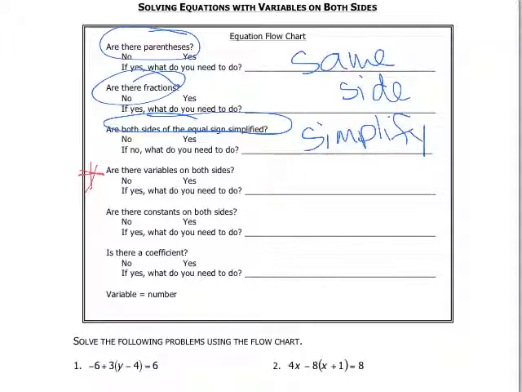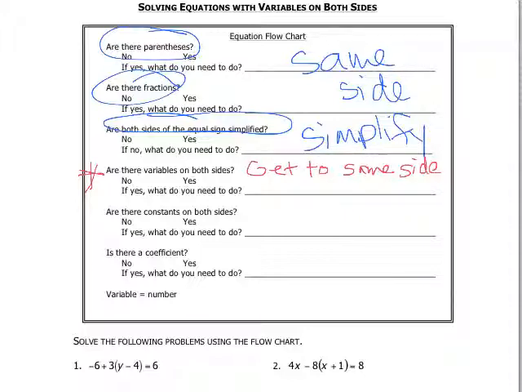Are there variables on both sides? Okay, if so, I need to get them to the same side. So get to same side. How? How do I get them to the same side? If they're on opposite sides, what do we always do with stuff that's on opposite sides? Opposite operation.